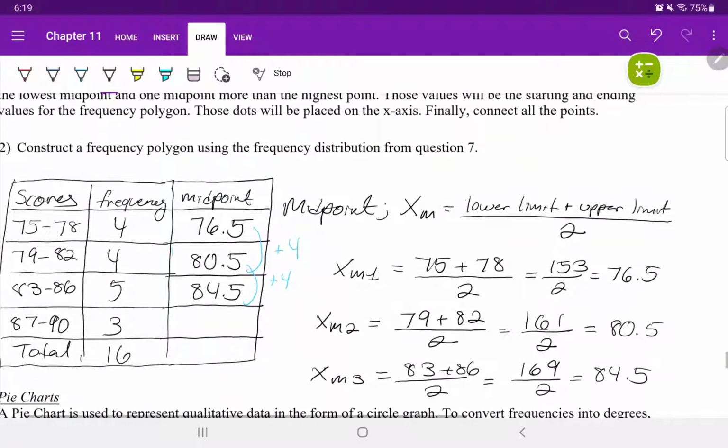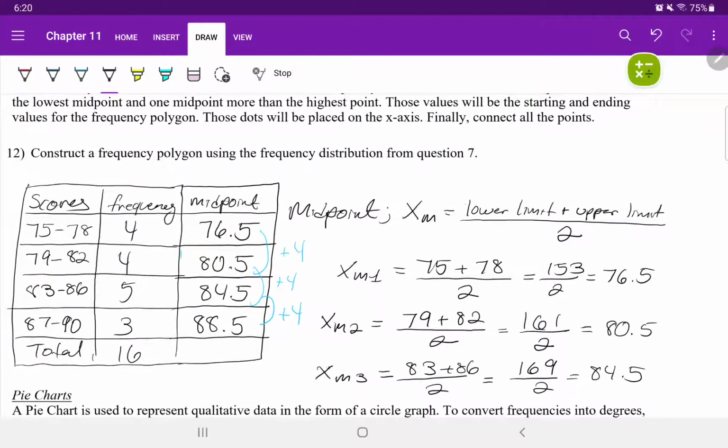So that means if we add 4 to 84.5, that is going to give us 88.5, because 84.5 plus the class width of 4 is 88.5. Or you can use the midpoint formula just to find the next one.